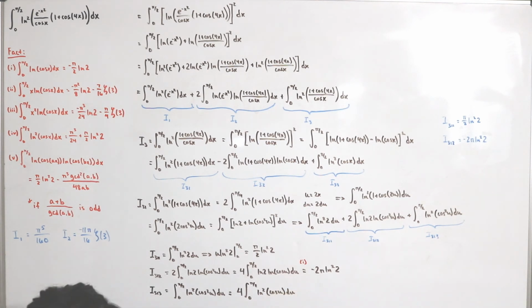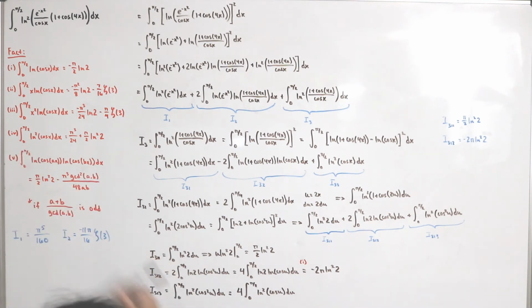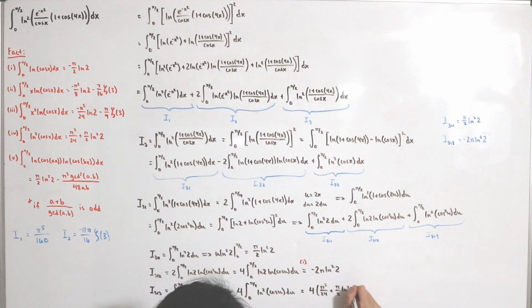Using fact number 4 specifically, the integral of ln squared cosine of x dx is equal to the following: 4 times pi cubed over 24 plus pi divided by 2 multiplied by ln square 2. I'll simplify this out in a second, as this is from fact number 4.